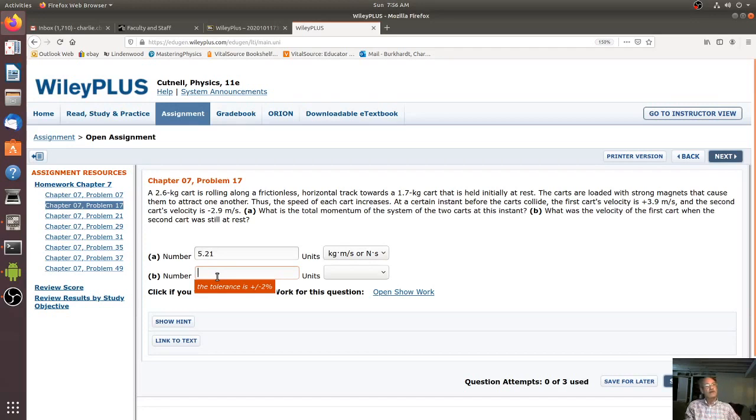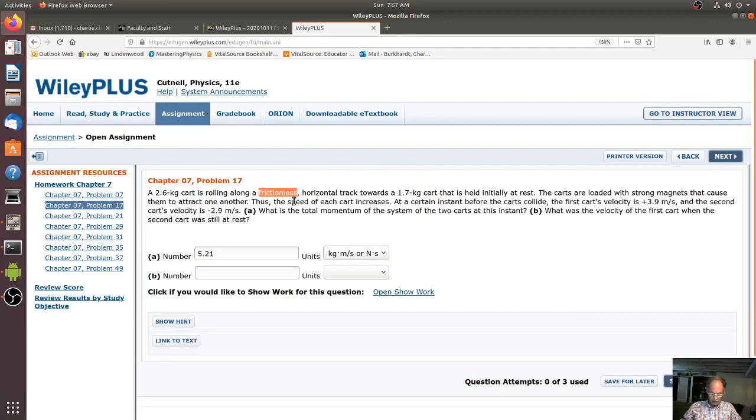The external forces here are gravity. We can ignore that because it's being canceled out by the normal force on this horizontal track. We're assuming that the track is frictionless right here, and that's another external force that's not going to affect momentum. So that takes care of all of them, I think. Except you have the internal forces, of which the attraction of the magnet is an internal force that's acting between the two carts. So we just calculate what the velocity is.